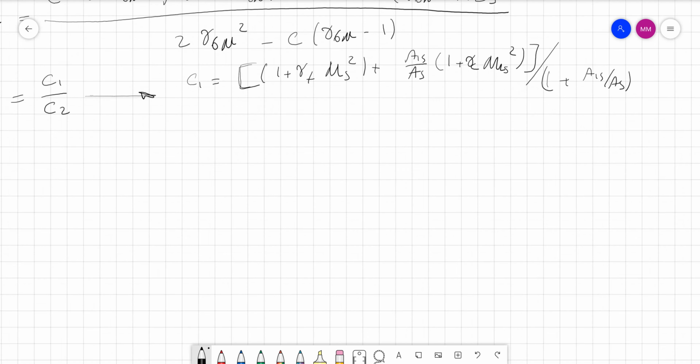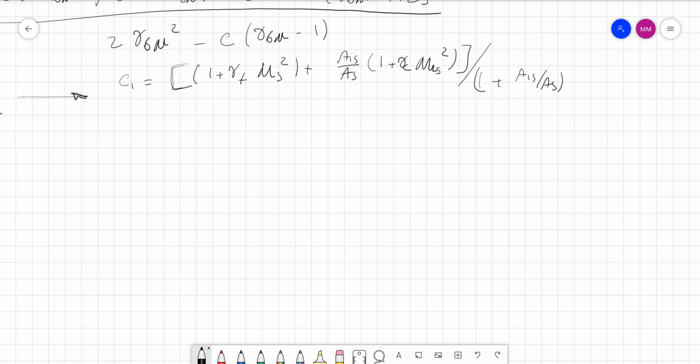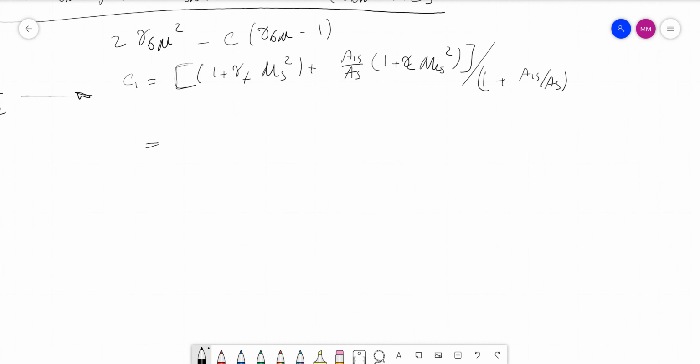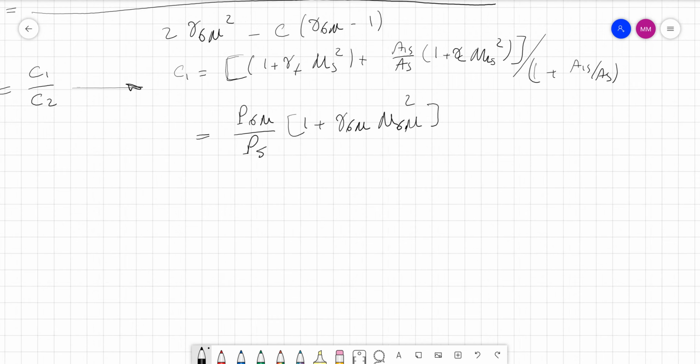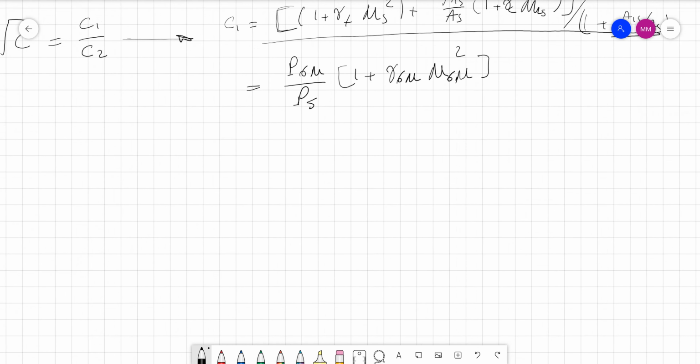So this is going to give you the C1 parameter, and this is also equal to p6M divided by p5 multiplied by 1 plus gamma 6M M6M squared. Using these you can find the constant C1 here.